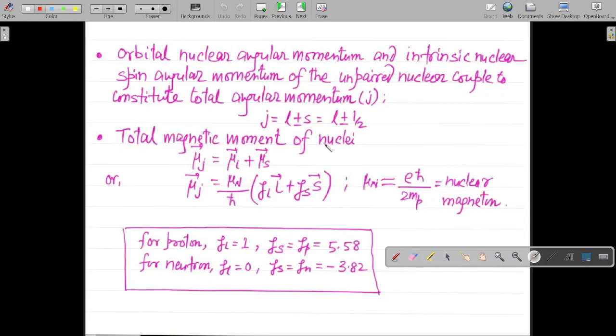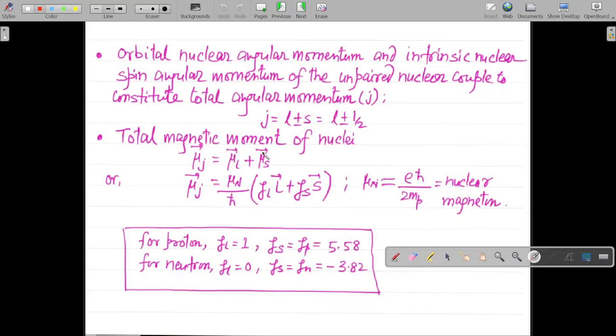Similarly, as J equals L plus S, the total magnetic moment of nuclei will be a vector sum: mu J vector equals mu L vector plus mu S vector.